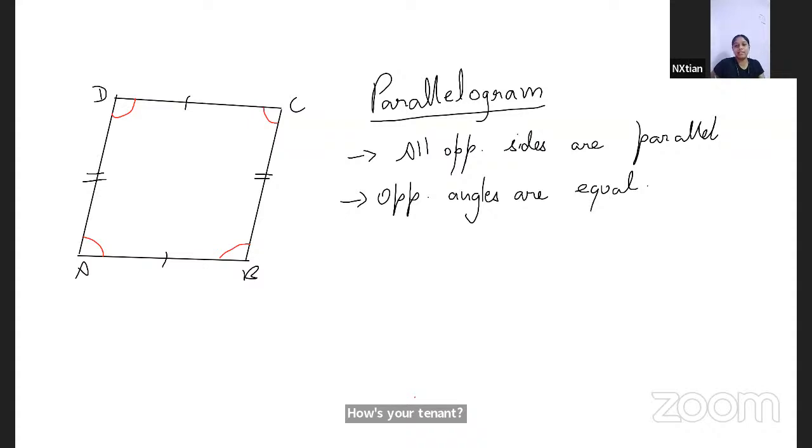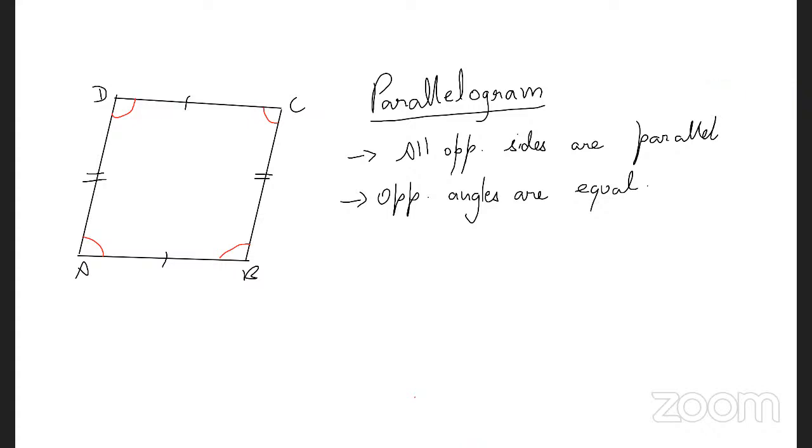Alright, so let's see the next one. Next, we are going to see a rectangle. That is our next type of quadrilateral. Let's make a rectangle and name it.